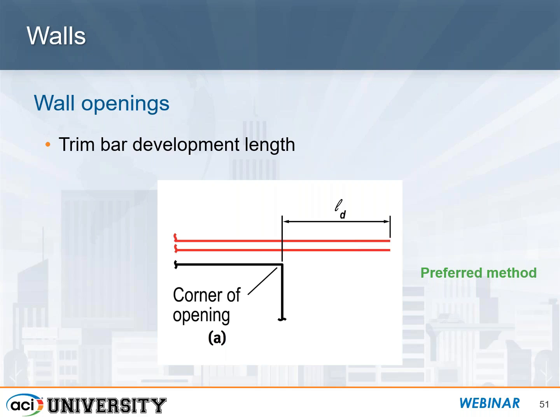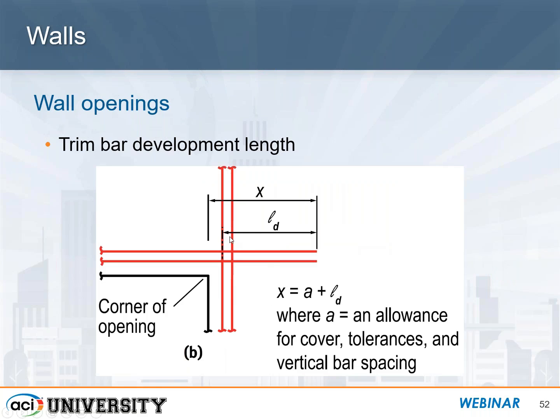Now, some people worry, and duly so, that the opening may not be at the right location or it's moved or shifted. And what other people tend to do is base the development length of the trim bar on the location of where the first vertical trim bar is around that opening.